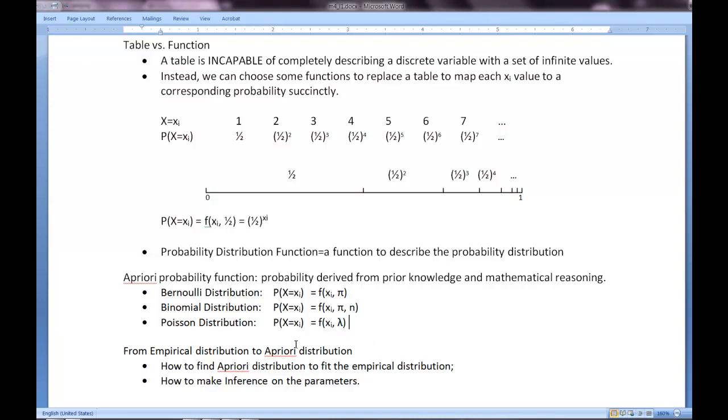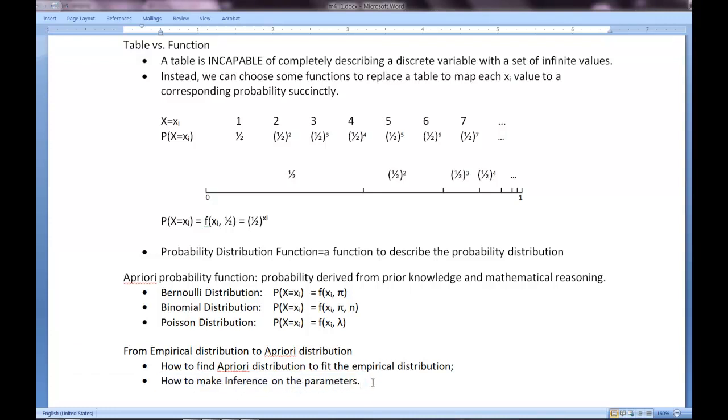And much of statistics is about how you can derive an a priori distribution from empirical distribution, or in other words, how to find the best a priori distribution with appropriate parameters and complexity of the functional relationship to best describe the observations or experiment results, and then how to make inference regarding those parameters.